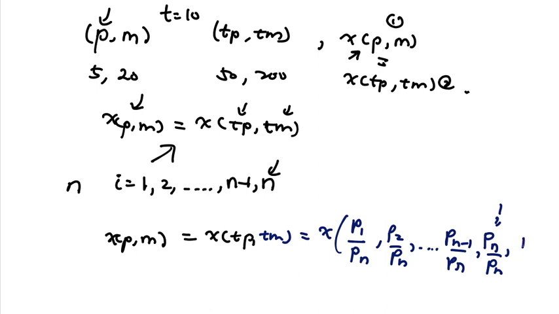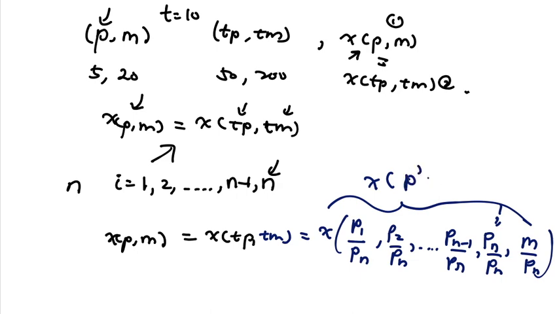And then income over Pn. Now, this is not something new because this one is actually a very detailed form of this one: X as a function of prices. I call it P prime because I put over Pn here, and M prime here. Okay, so they are just the same.